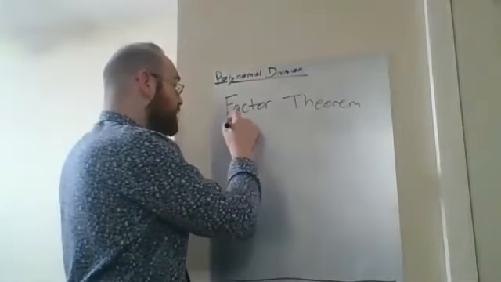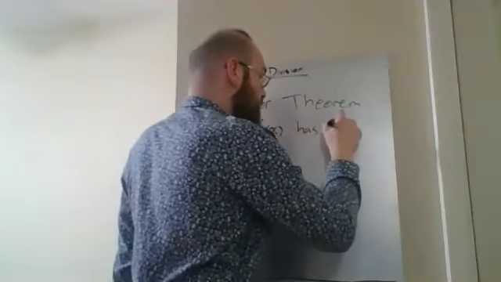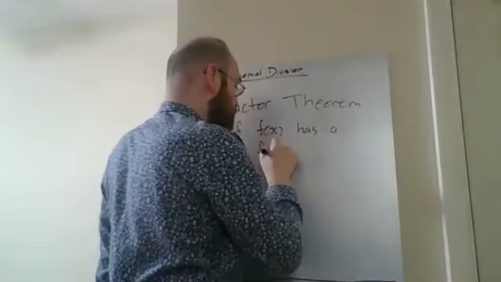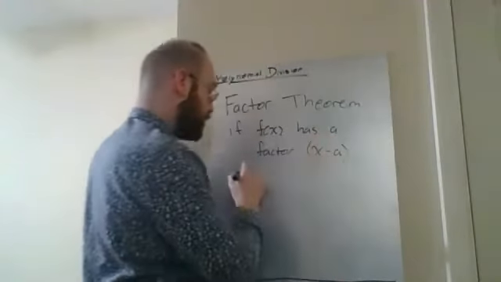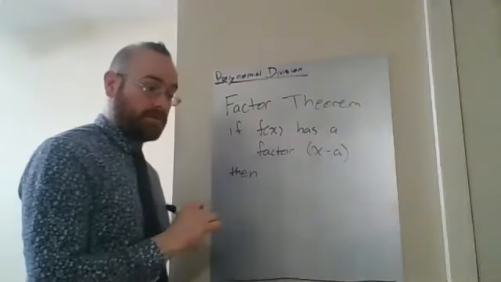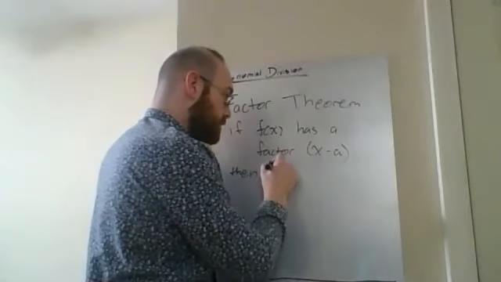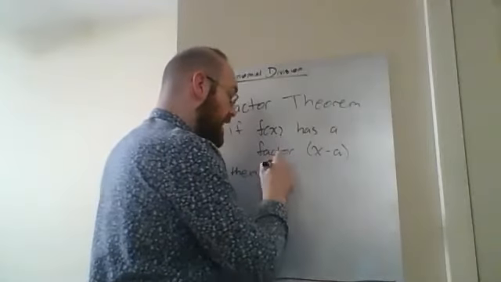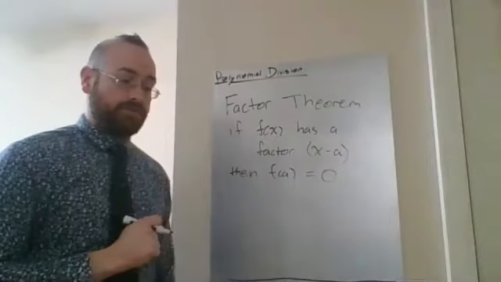So if f of x has a factor x minus a, then f of a is equal to 0.